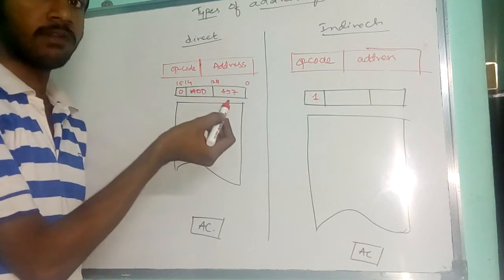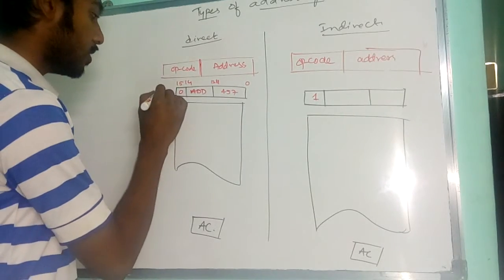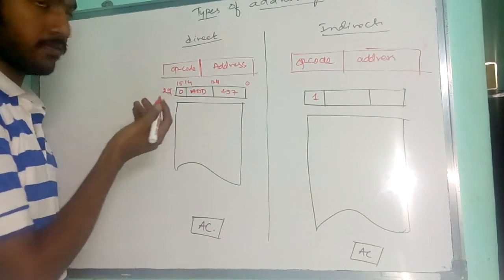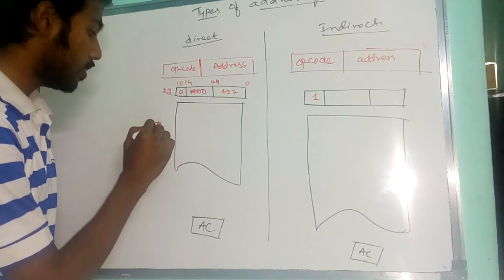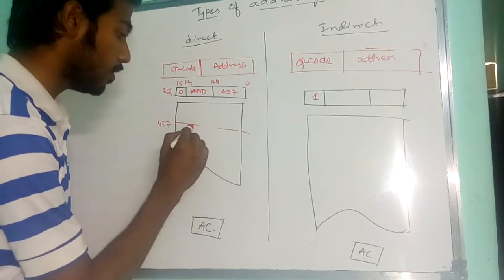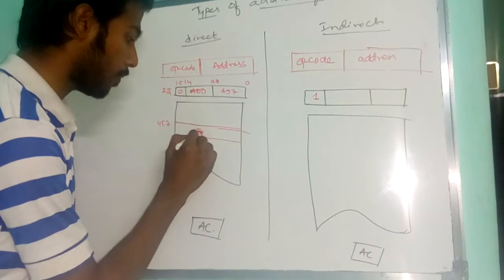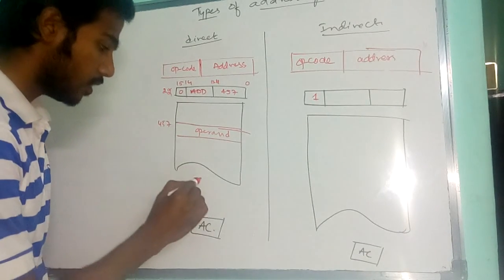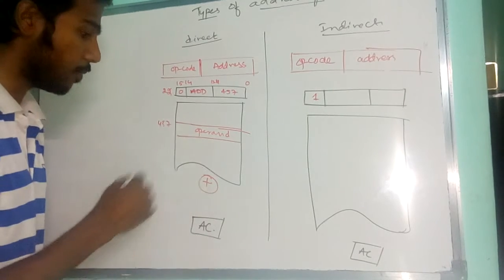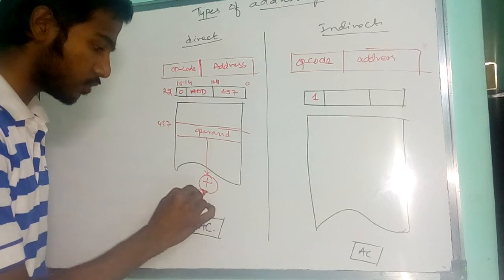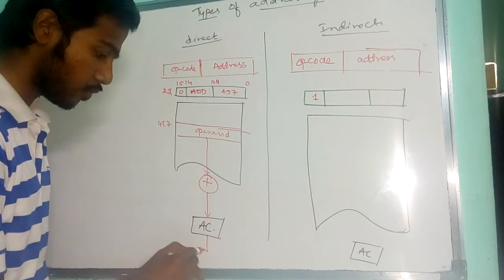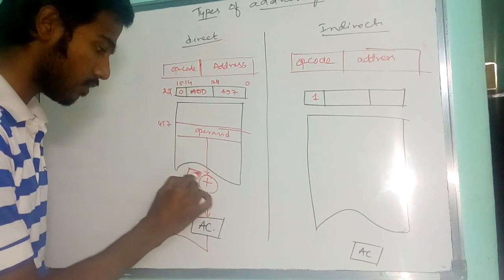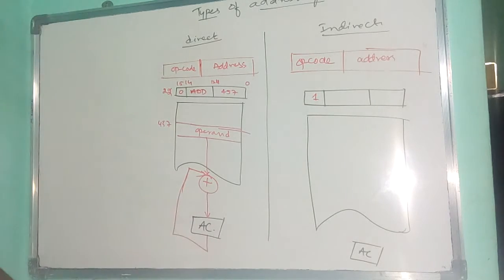So 457 will be my operand address. Here my operand stays. I am performing an addition operation, so it gives directly to this. It adds both and returns the value.